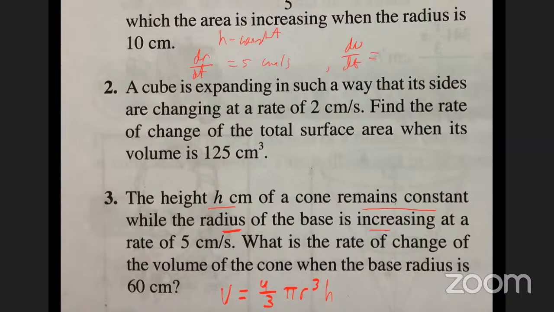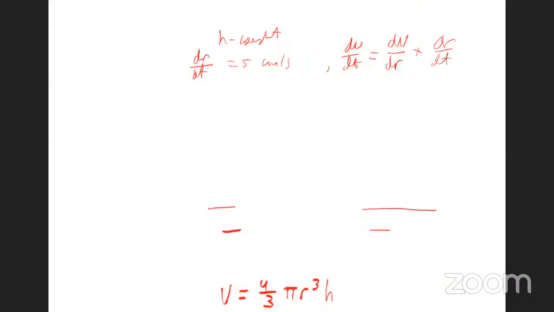So the H is a constant. It will look something like this. We want to get dV/dt. So we know dV/dr times dr/dt. So we need to get dV/dr. We know that V is equal to 4/3 pi r cubed, but they said H is a constant, so you can treat H just like pi.